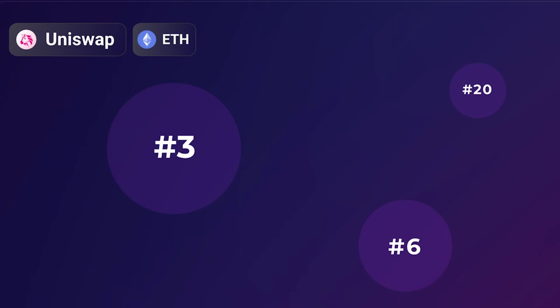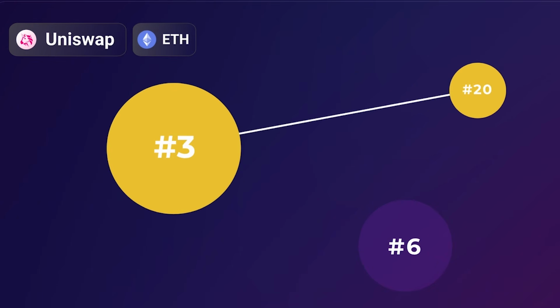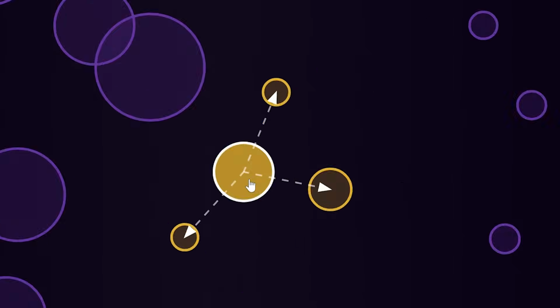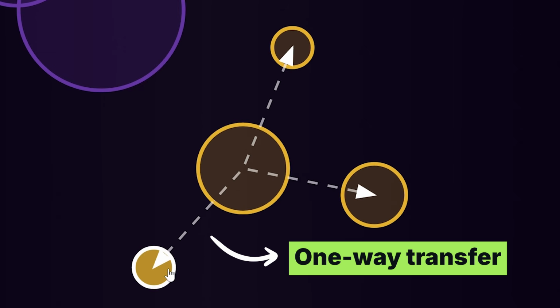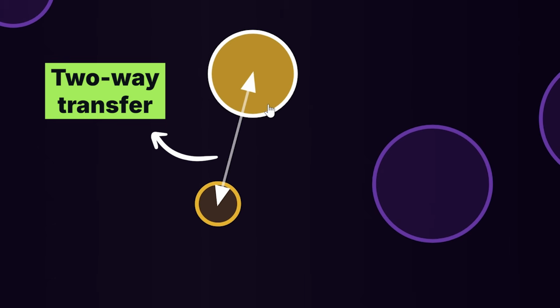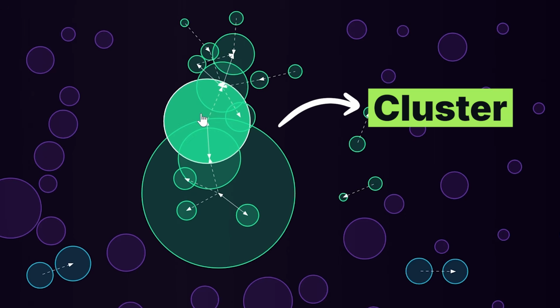If any two of the top 150 wallets have ever transacted with each other, the bubbles will be connected with a line. A dotted line indicates a one-way transfer, whereas a solid line means there were transactions going both ways between the two wallets. When a group of bubbles are connected by lines, they form a cluster.